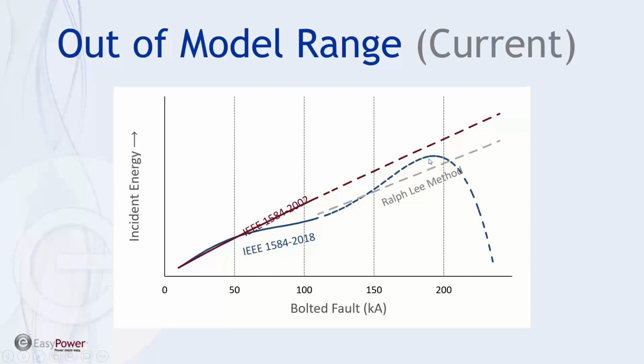And that's because the model actually noses over and goes down to 0 at some higher current. And so we've extrapolated in general terms the 2002 version and the 2018 version, and it's a less conservative model at the lower voltages, and in some respects, it looks like in general.